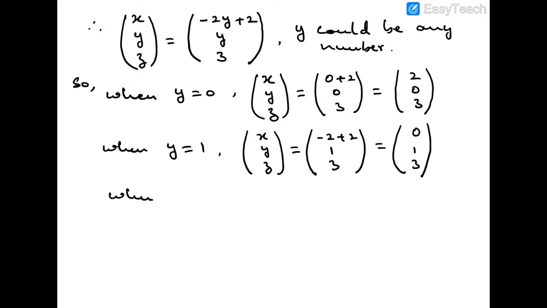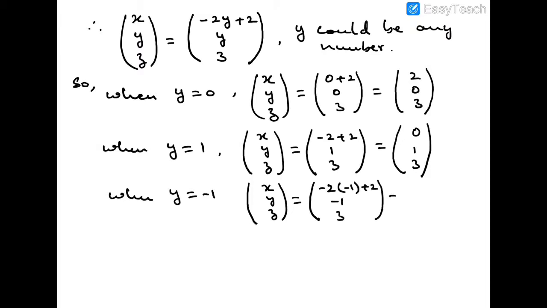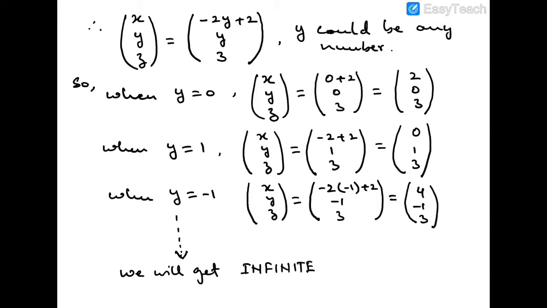And when Y is equal to minus 1, then X, Y, Z is equal to minus 2 times minus 1 plus 2, minus 1, 3, and we will get 4, minus 1, 3. So we can go on and on to get infinite solutions.